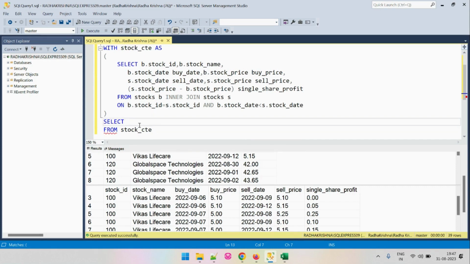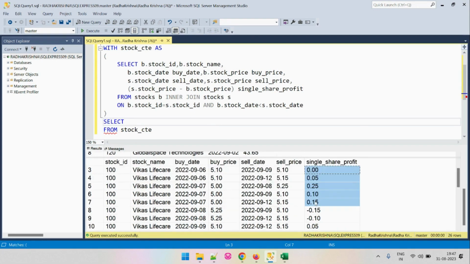Now, as a next step, we have to find out among all these profits that we are getting for a particular stock, in which record we are getting the maximum profit. That is, which combination will fetch us the maximum profit. So for that, first of all, we will keep all the columns. Here, we will use the dense rank function. We can use rank as well.